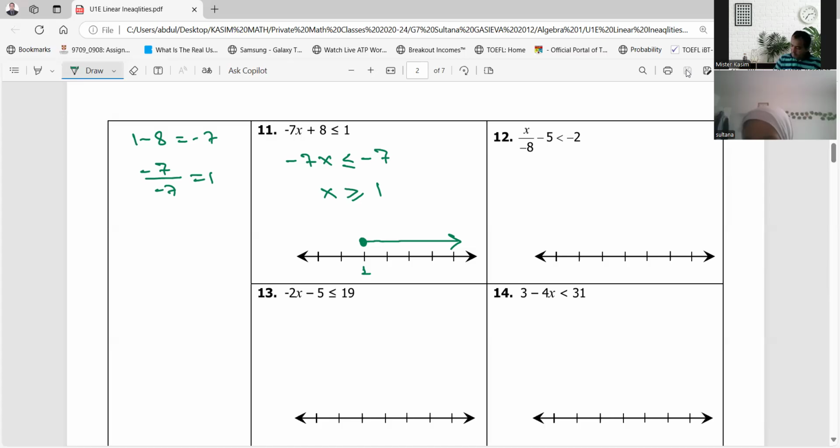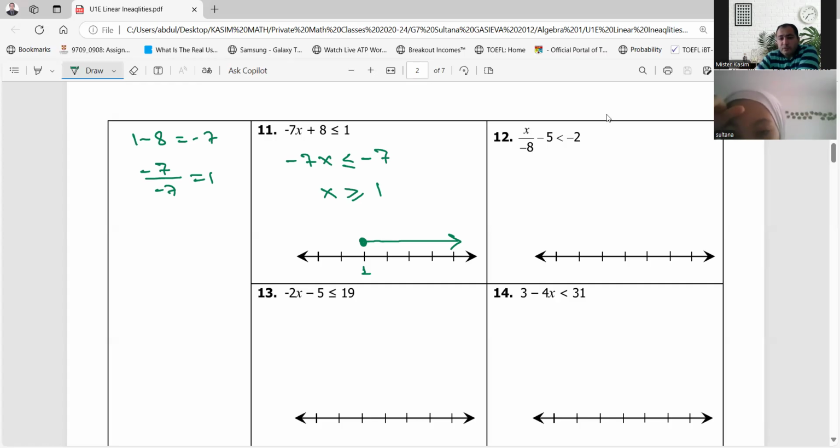X is... wait, what was the sign? I forgot.